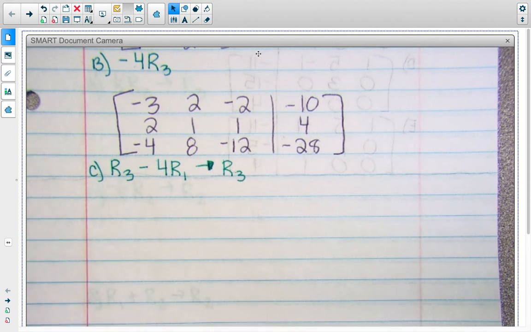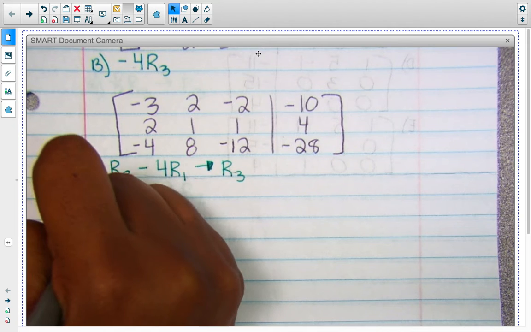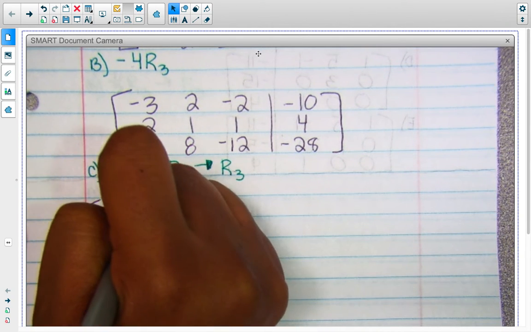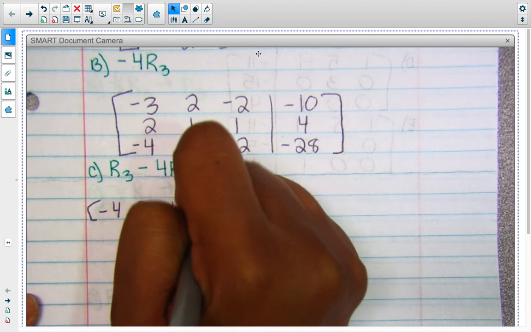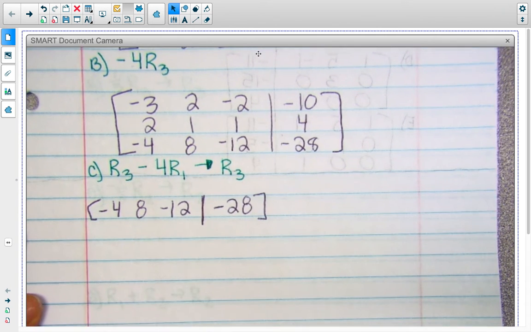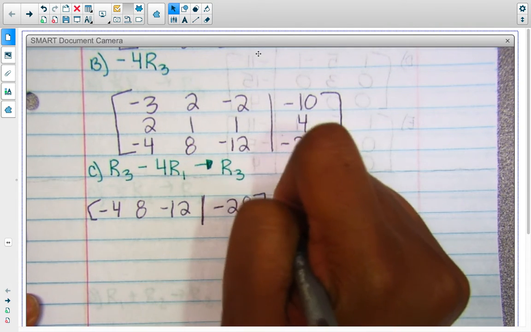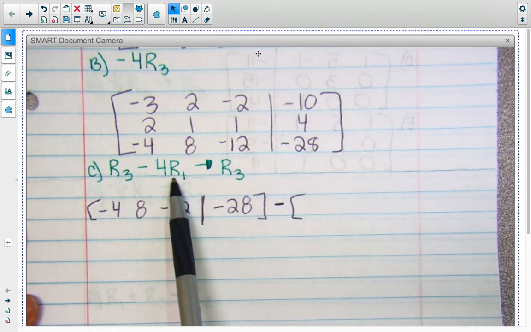So I like to do some stuff off to the side just to make sure I'm good to go. So I'm going to get my row 3, and I'm just going to recopy it. -4, 8, -12, and -28. So that's row 3. I just recopied it, row 3. And I'm going to subtract out what I get when I do 4 times row 1.